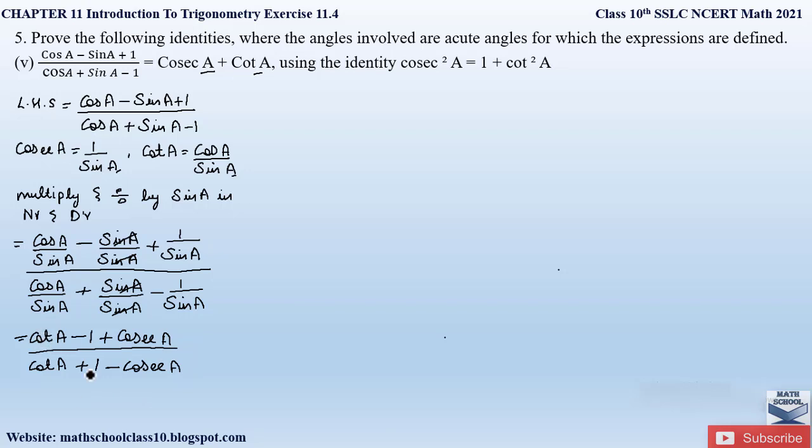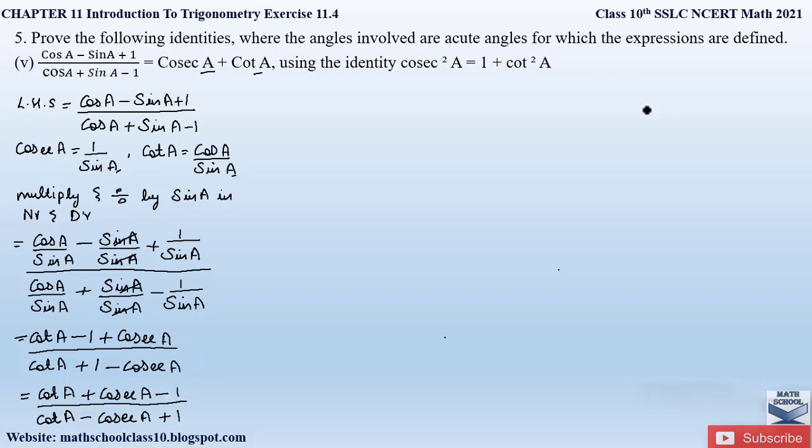Okay, so let us rearrange this numerator again. So let us write first cot A, then plus cosecant A minus 1. Similarly in the denominator let us write the cot term first, cot A minus cosecant A plus 1. So in the numerator we have 1.